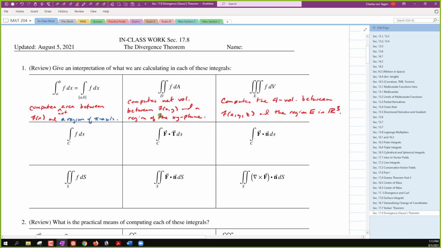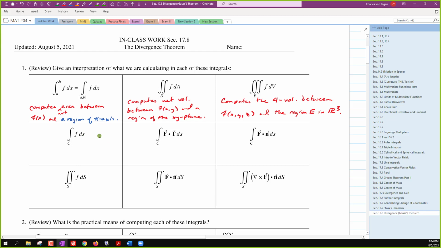So I would argue that almost all problems that we do beyond that, while we have different interpretations and different types of questions, almost all problems that we have beyond that are accomplished or solved or evaluated by converting them back into one of these ordinary integrals that we are more comfortable with. Okay?